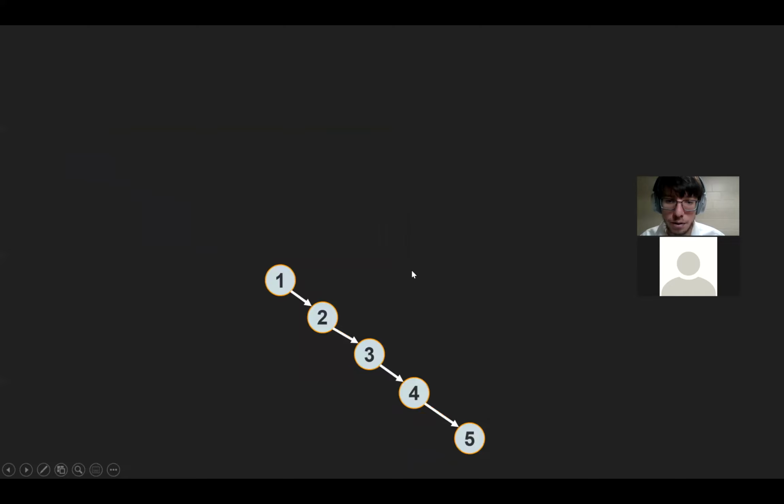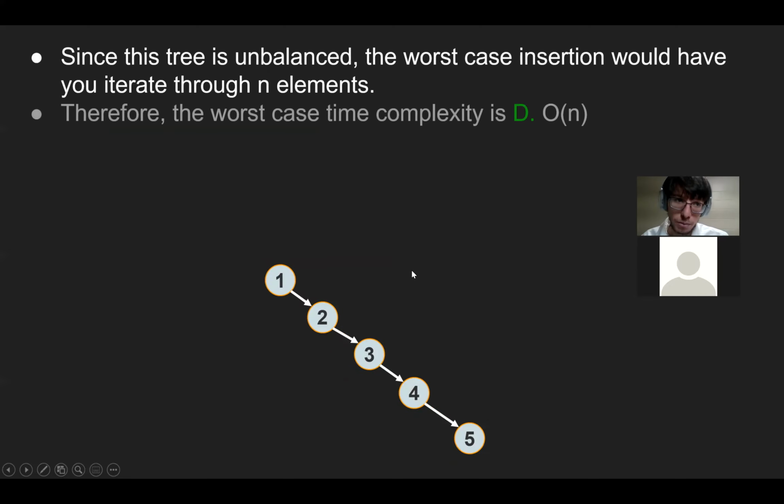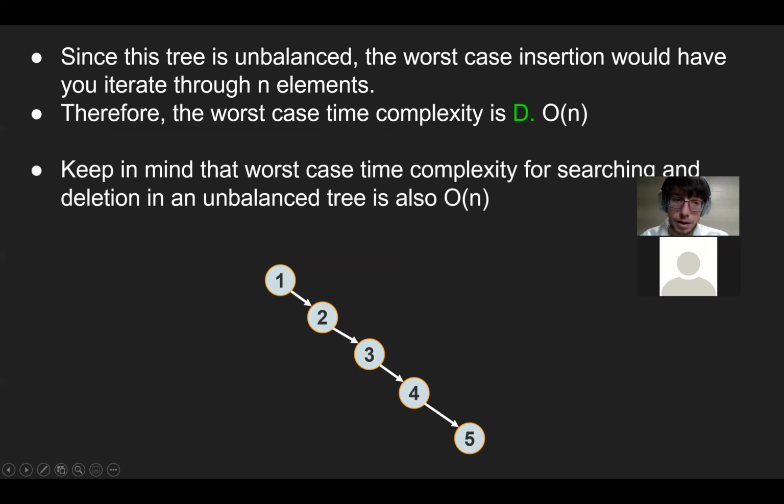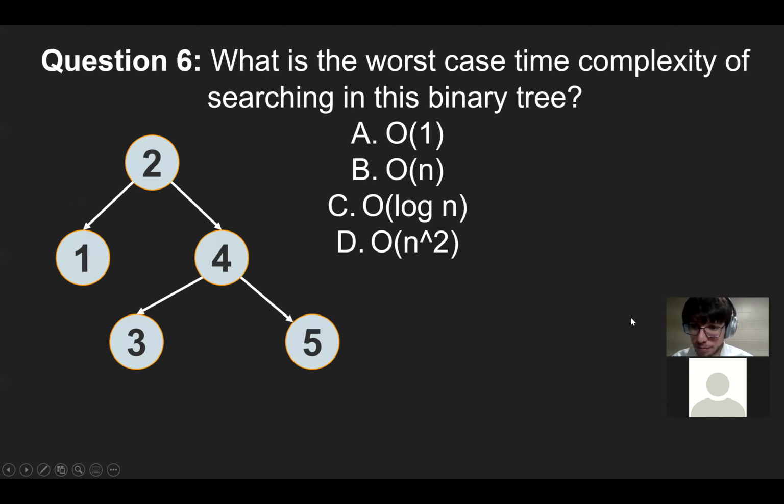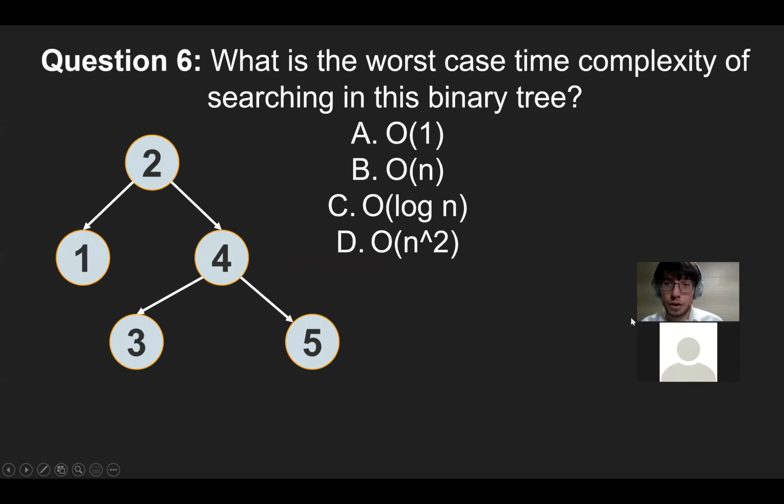So D. You can kind of see that here. The tree is unbalanced, and in the worst case we have to go through all n elements. So worst case complexity is O(n). And searching and deletion in an unbalanced tree are also O(n). Okay, another question. What is the worst case complexity of searching in this binary tree?